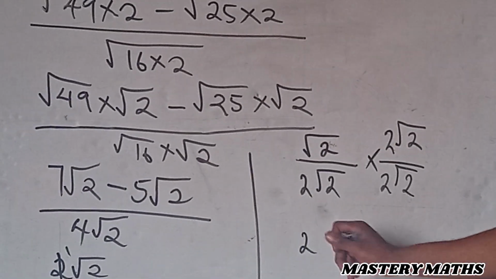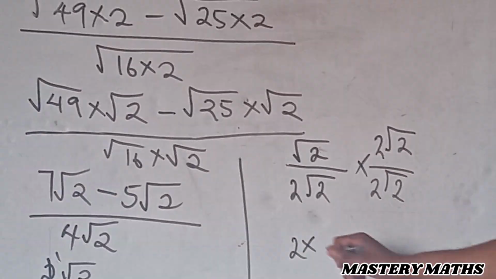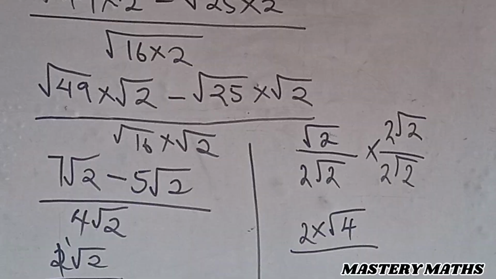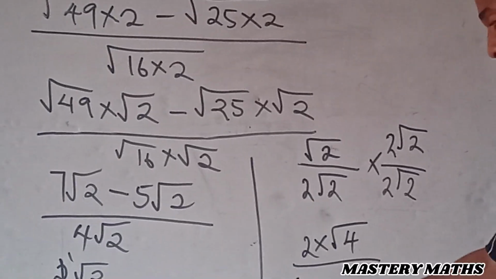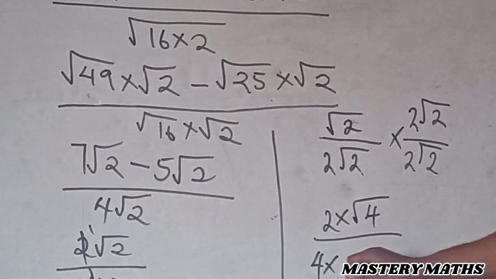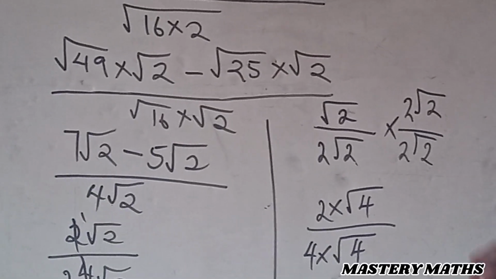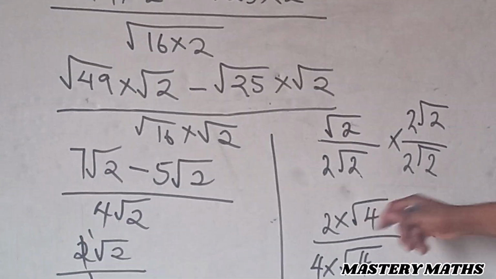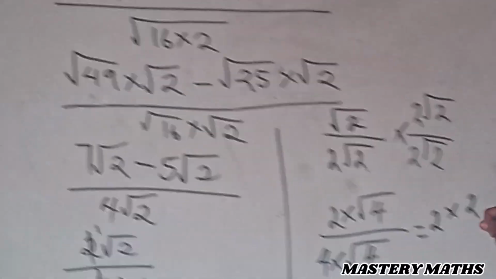Now root 2 times root 2 will give us root 4. Now the other one again, we say 2 times 2 will give us 4. Root 2 times root 2 will give us root 4. Have you seen it now? Root 4 is 2.